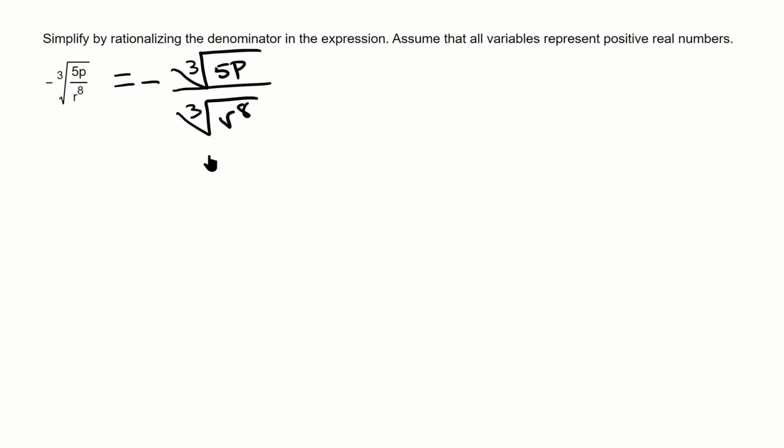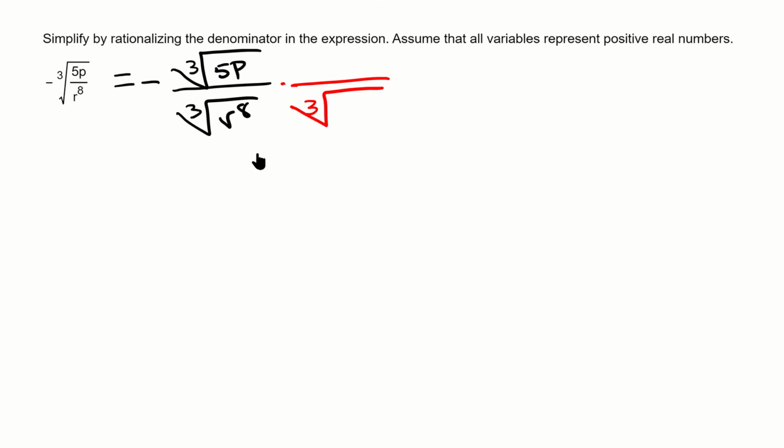So rationalizing a denominator means having no radicals in there. So if we take a close look at r to the 8, we realize that's not a perfect cube. So we want to know what is the smallest expression that we can multiply it by to turn r to the 8 into a perfect cube.